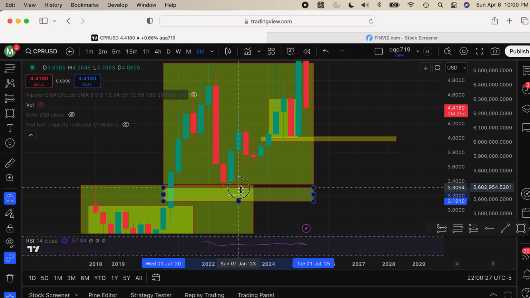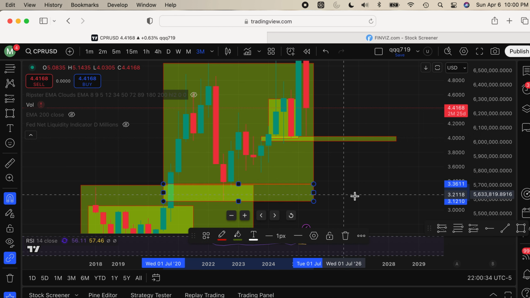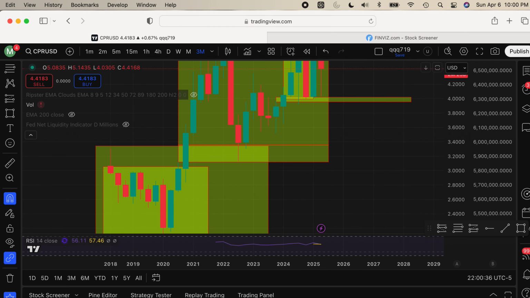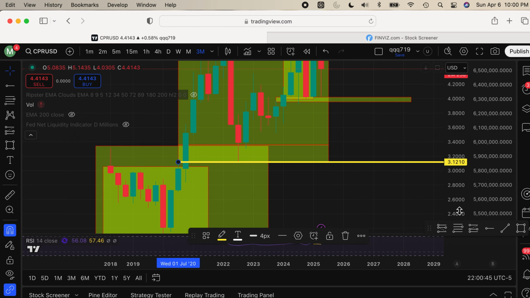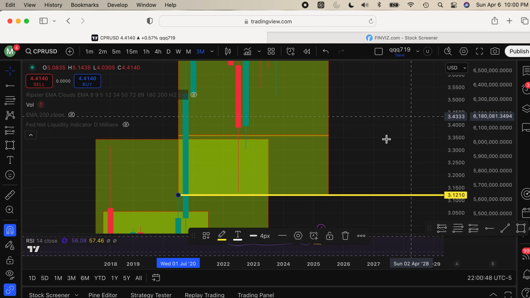That area is fair value, so we don't need to include that. What would 312 coincide with? My line tool. 312.10. Where would that coincide with?